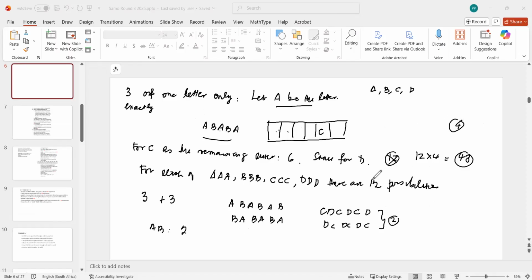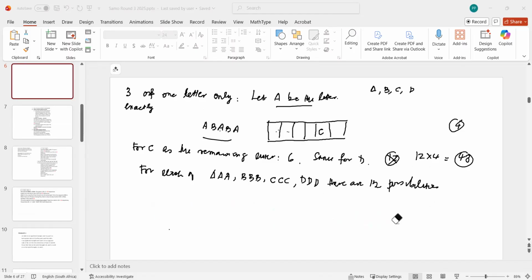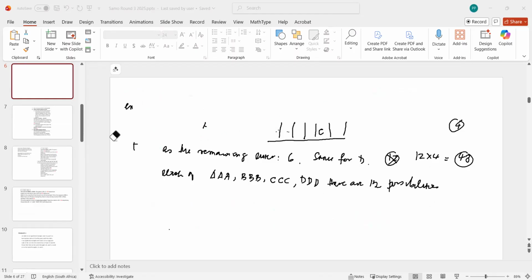I'm going to put a ring around that. Now this is the case where you got 3 of one letter. Remember, we got 52 altogether at the moment.